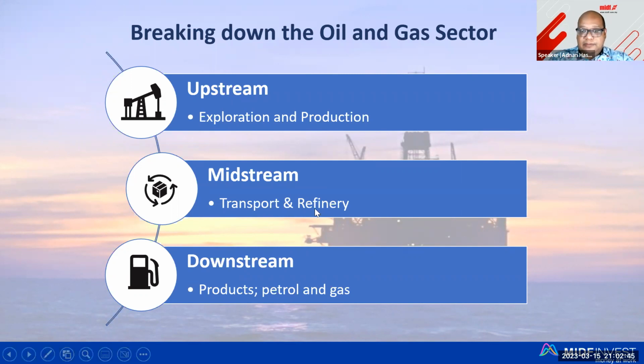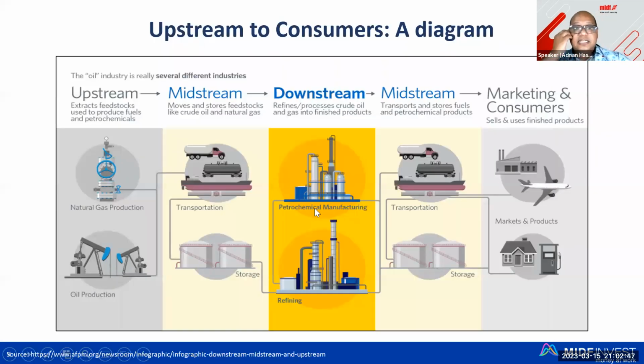So, the next thing is, as I mentioned, upstream, midstream, and also downstream. Over here, I pulled out a picture, and in this picture, we can see a lot of upstream machinery to extract oil from the ground.